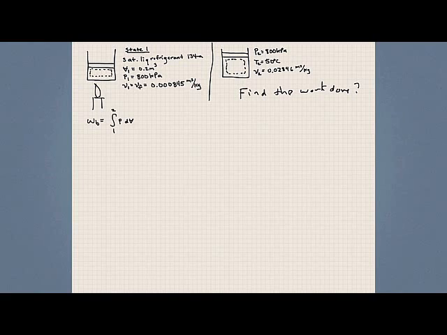Because remember, work is a force times a distance. In this particular case, pressure is the same in state 1 as it is in state 2. So pressure comes out of this integral.